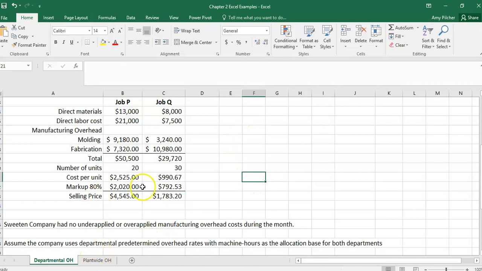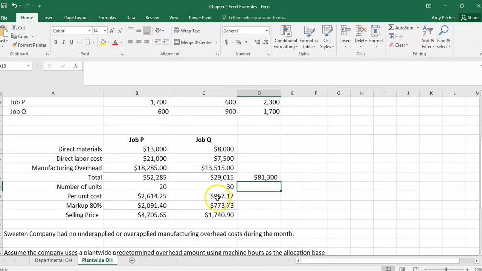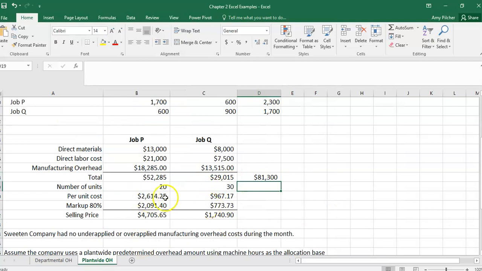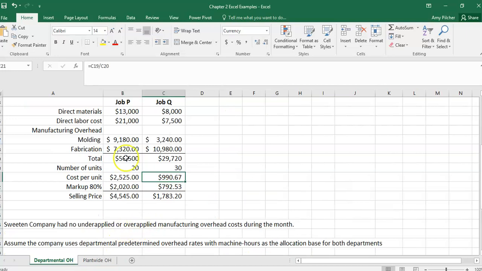So we can tell that the cost per unit and the selling price changes depending on our overhead allocation rate. So we can see that for job Q, the change was not that big. So $967 and some cents to $990 and some cents. Not that big of a change. The per unit cost on job P is a little bit more.